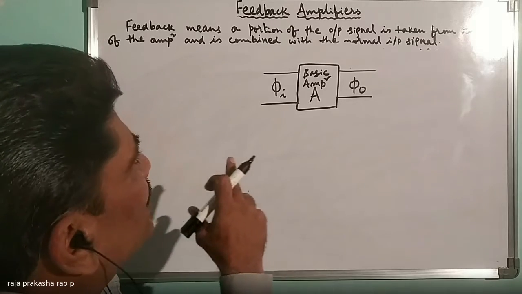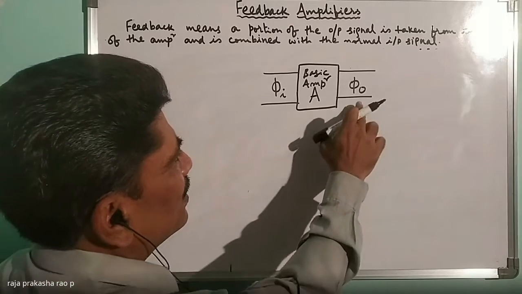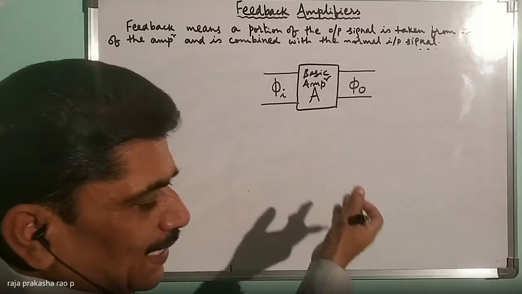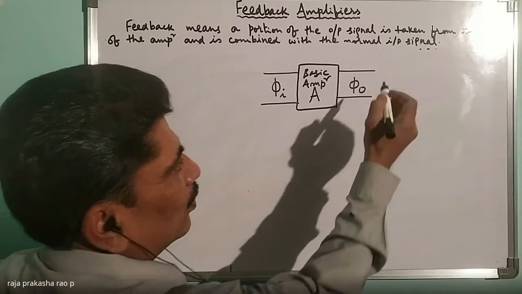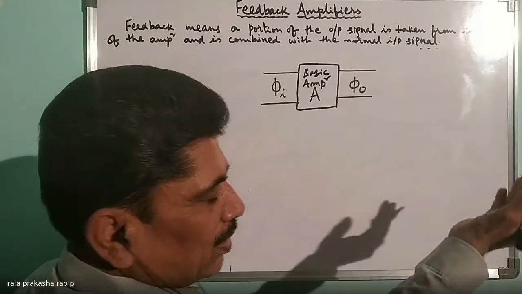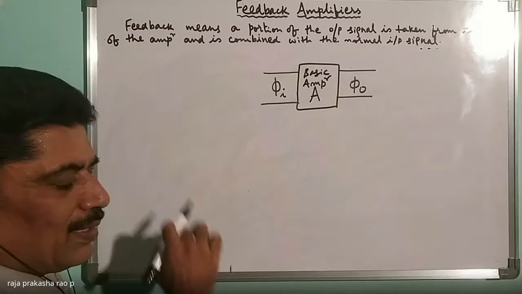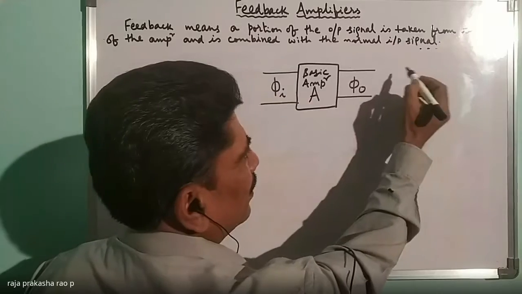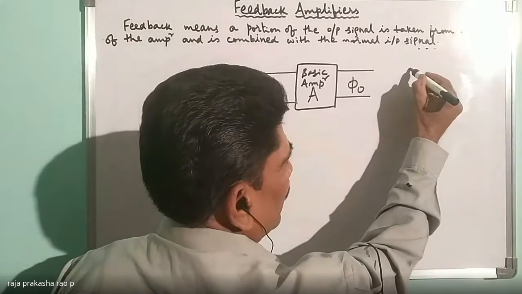Here the feedback means a portion of the output signal. Here the output signal is φ0, and the input signal is φi. To make it an amplifier, what do we do?